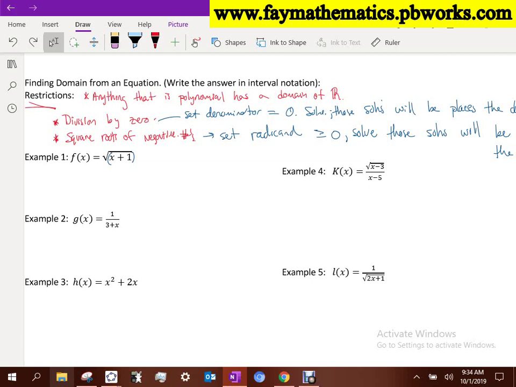The other two are what we call restrictions or conditions, and they incorporate algebraic rules that we need to abide by. First one is division by zero. If you ever come across a function that has division in it, it's called a rational function, and you can never divide by zero. So those would be domain issues, because a domain issue is when I take a particular x value and I plug it in, and I don't get a defined value back.